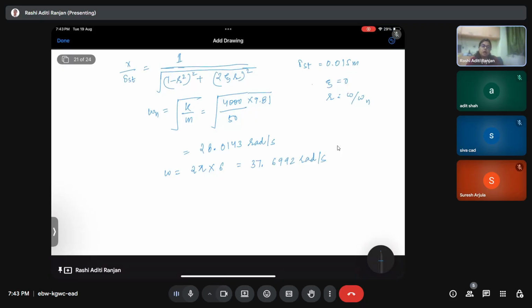Now if we put these values in that equation, we're going to get x by 0.015 is equal to 1 divided by under root of (1 minus (37.6992 divided by 28.0143) whole square) whole square. The square and under root are going to get cancelled, and the eta term goes to 0.